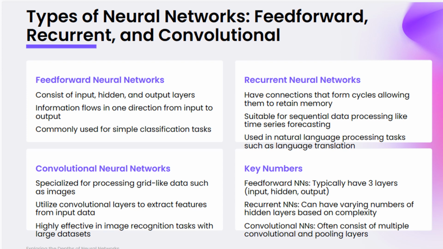Then we have the recurrent neural networks, which can have varying numbers of hidden layers based on the complexity. It has one or more hidden layers, depending on the complexity of the task. Then we have convolutional neural networks, which often consist of multiple convolutional and pooling layers.